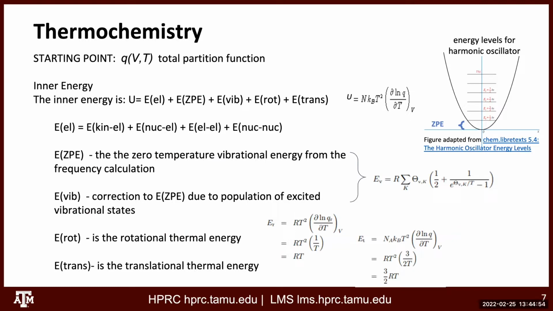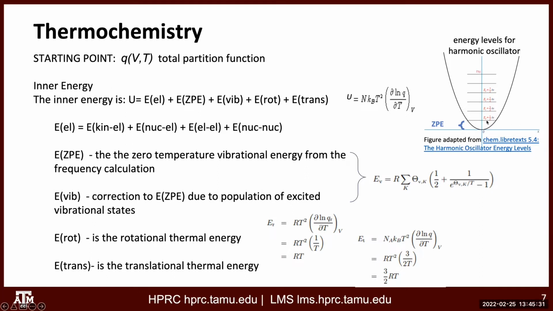Here is a breakdown of the inner energy and the statistical mechanics expression of all these terms. The electronic energy is what you get directly from, for example, a Hartree-Fock or a DFT calculation, and then you want to add the zero point energy, which is the zero temperature vibrational energy from the frequency calculation.